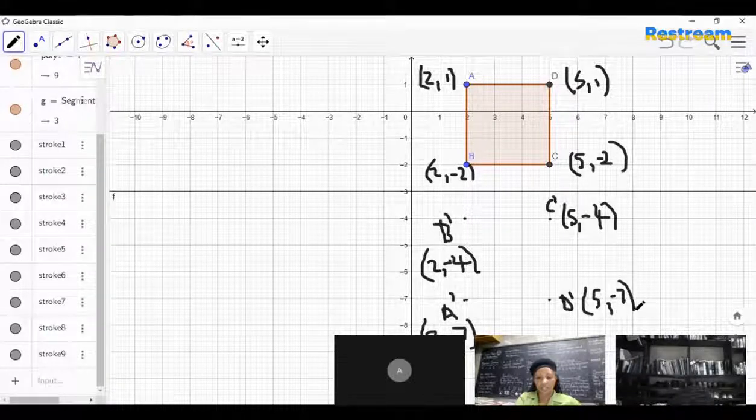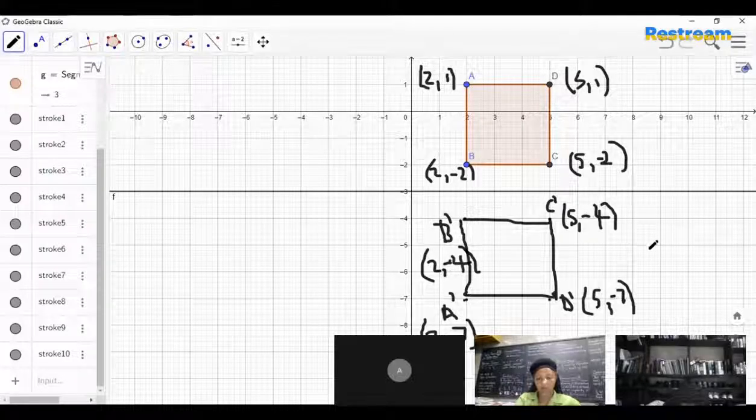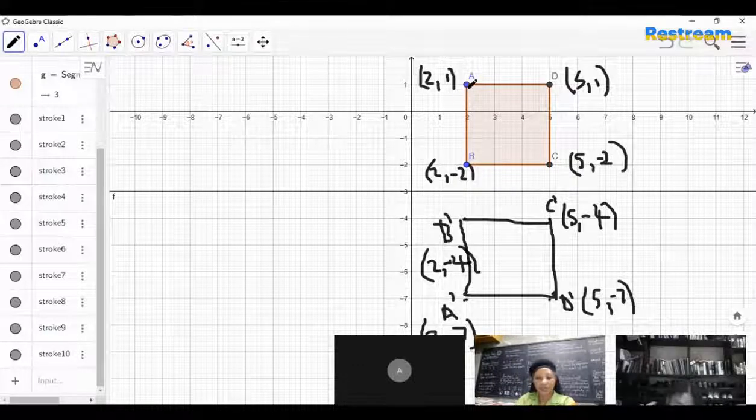So check if the rule applies that we just established for reflection in the x-axis. Yes, miss, it does. All the x coordinates are the same, while the y coordinates change.